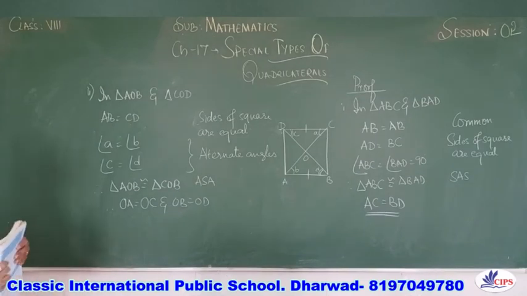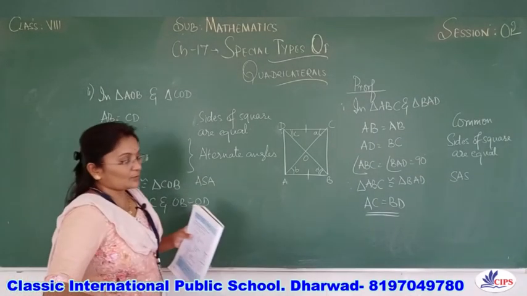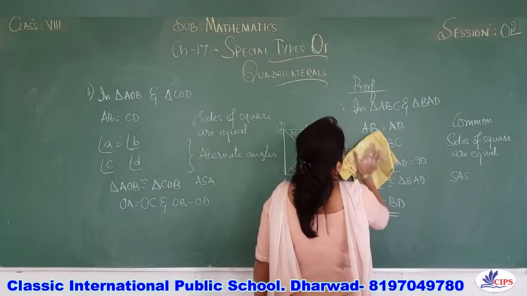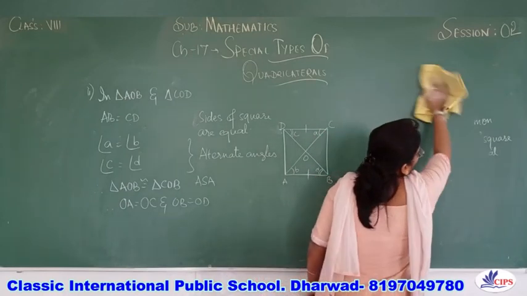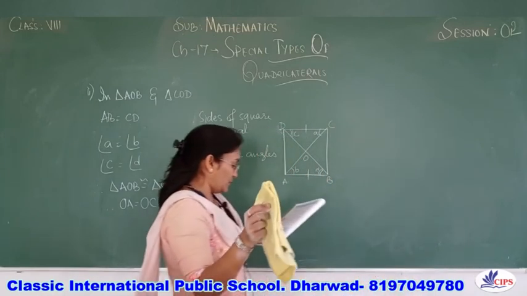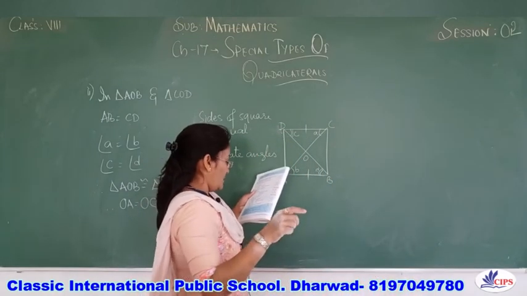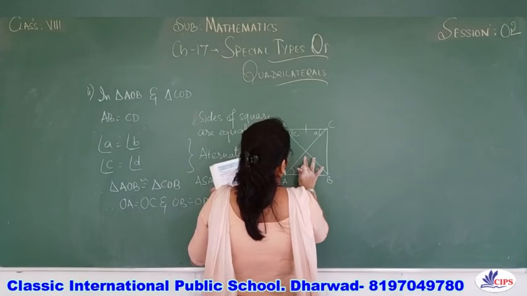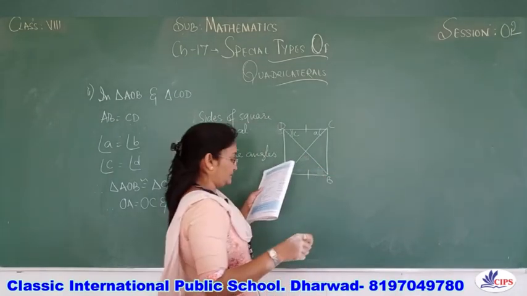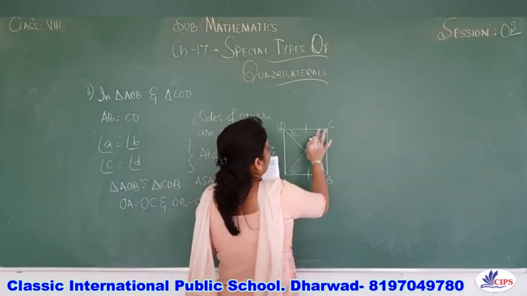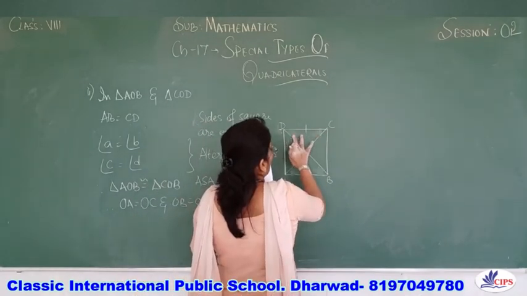Next, the third point is left out. We have to prove that both the angles measure 90 degrees. So I am proving the third point here. For our third one, we have a diagram like this. I am erasing all the angles.